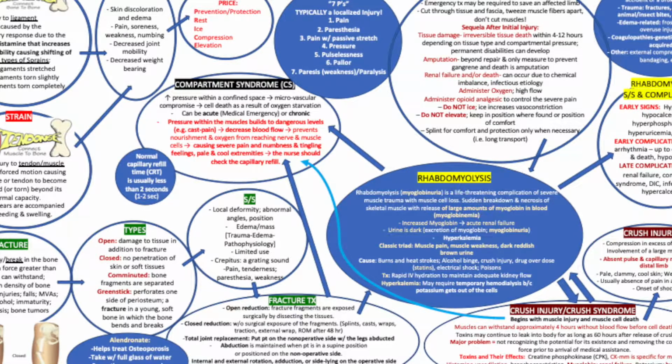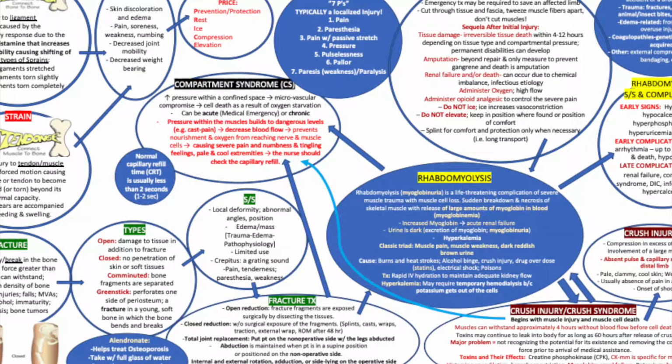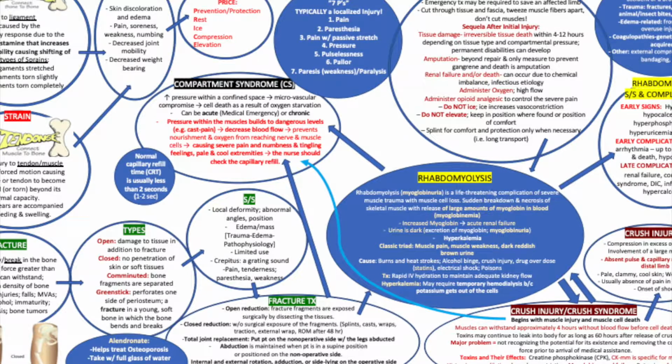A major problem is that we're not recognizing the potential for its existence and removing the compressive force prior to the arrival of medical assistance, which is unfortunate because these effects are systemic and cause traumatic rhabdomyolysis.